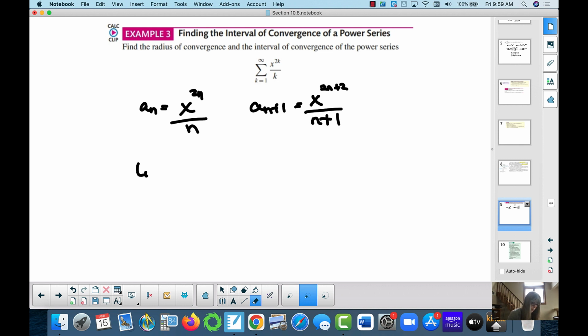So limit as n approaches infinity of that ratio of a sub n plus 1 over a sub n. I'm going to multiply by the reciprocal of a sub n.